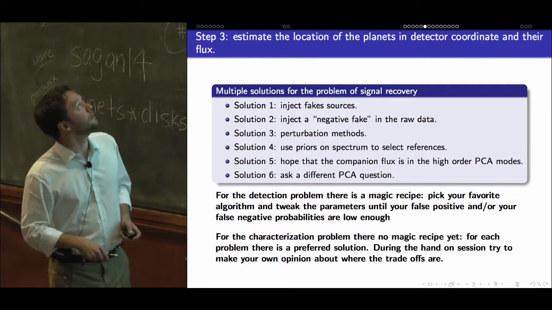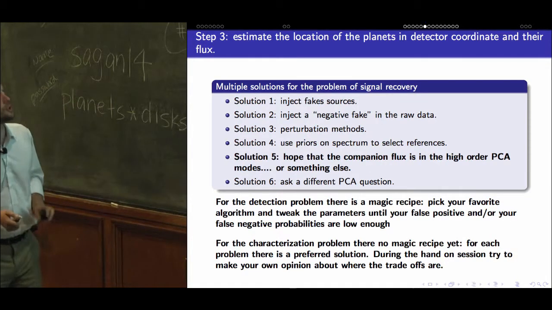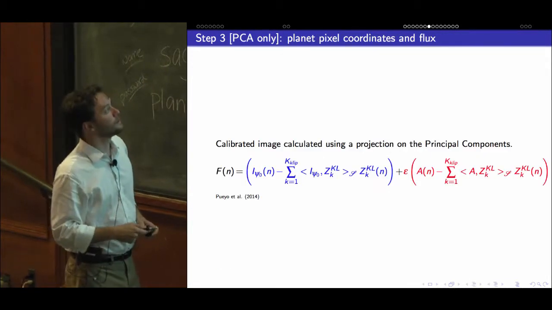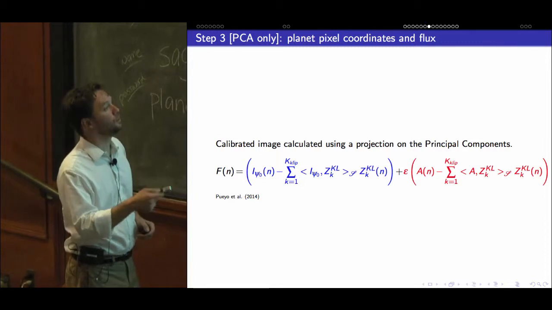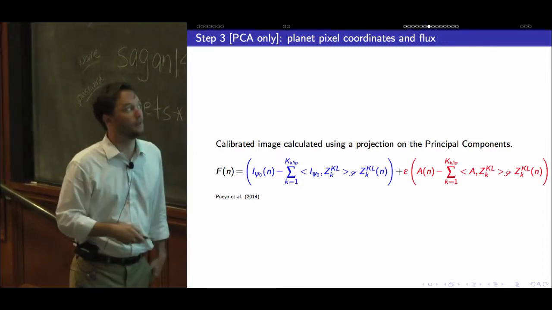Okay, so this is what I went through during the hands-on session, and this is just associated with PCA. So this is what you have in math after you've reduced your data.